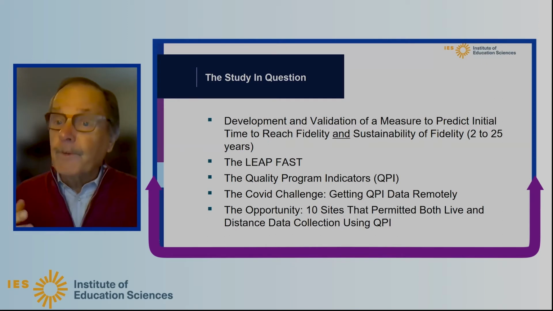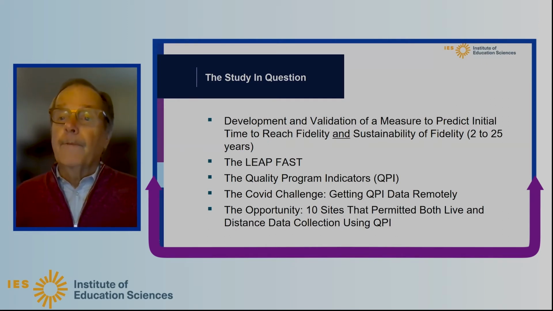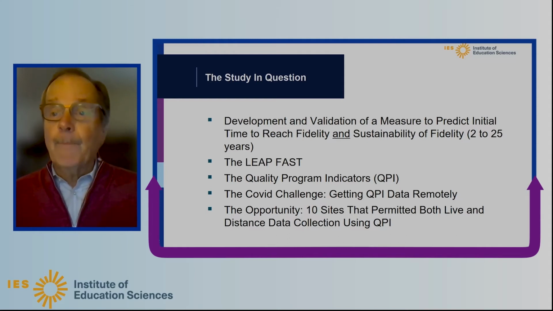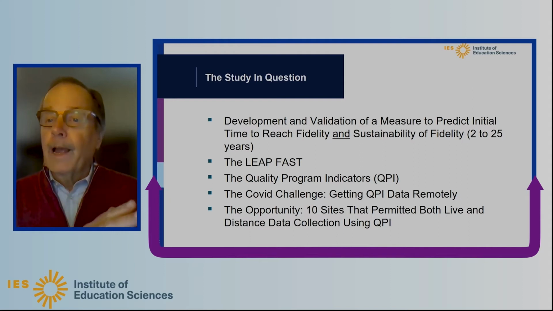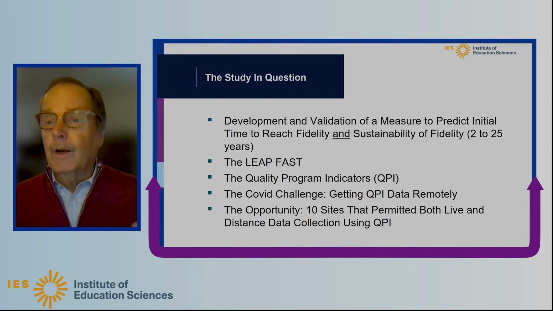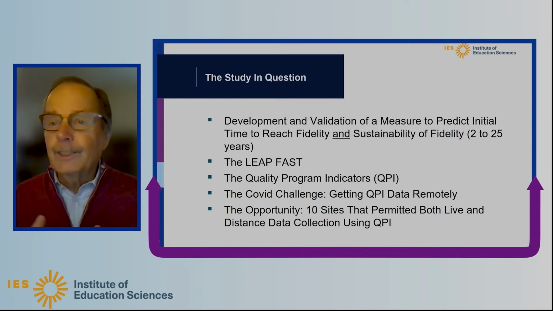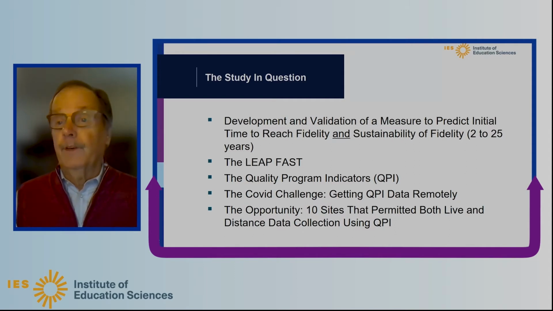It is a 7-factor interview protocol that primarily examines administrative practices at a program level. It includes a number of the likely suspects that you might suspect would be predictive of initial fidelity as well as sustainability of fidelity.